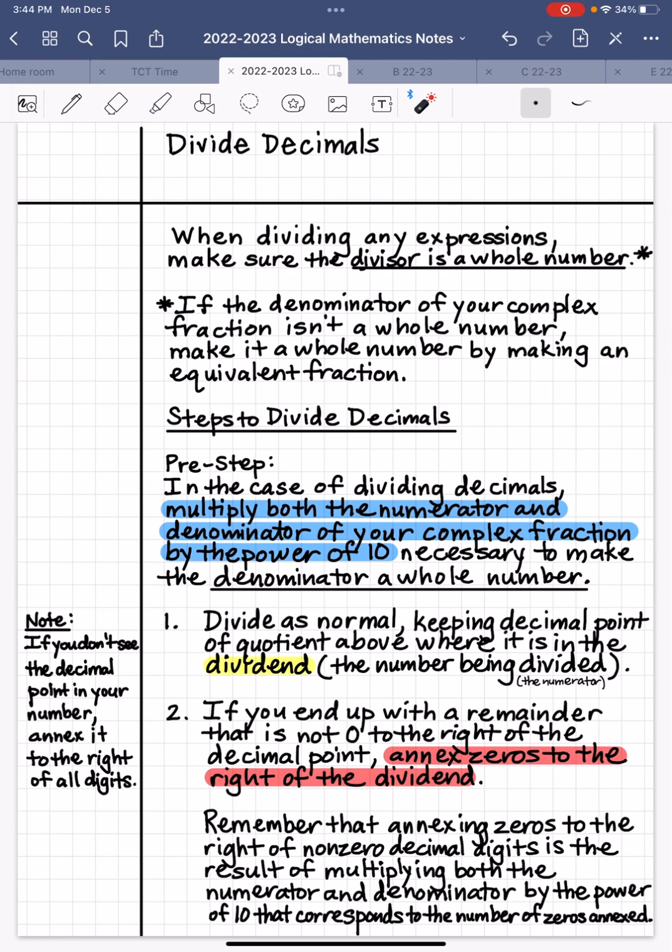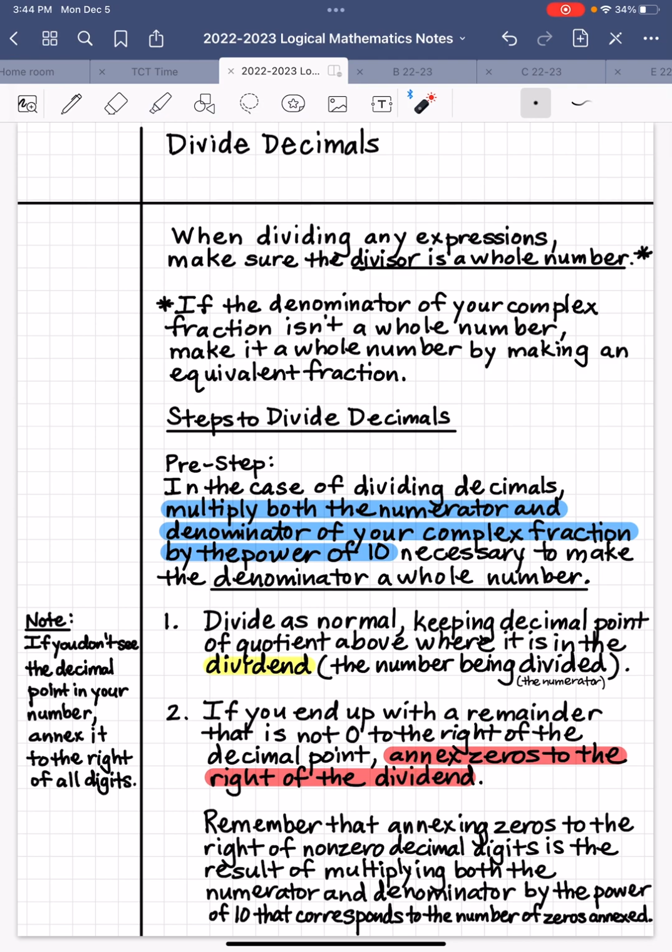One more thing to keep in mind: if as you're dividing, you end up with a remainder that is not 0 to the right of the decimal point, you're going to annex zeros to the right of the dividend. I will do all of these steps in colors. I'll do the multiplying of numerator and denominator by the power of 10 in blue, and I will annex zeros in red.